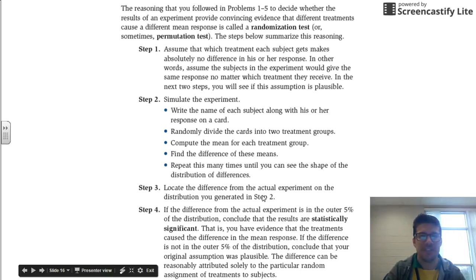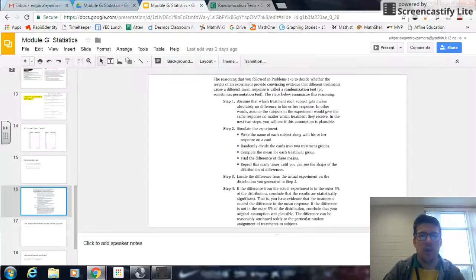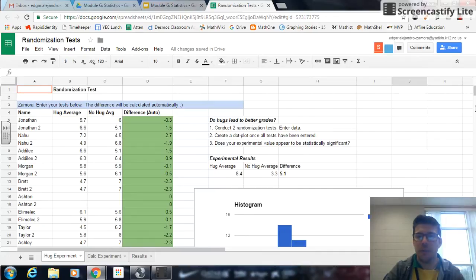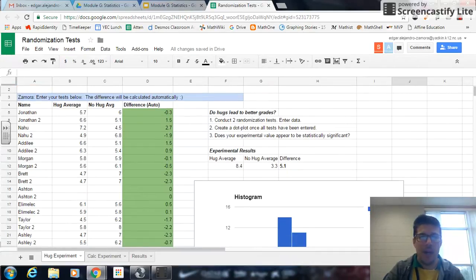this is statistically significant. So here's your work from yesterday, where we had two groups, a control group, people who took a test, and a treatment group of people who got a hug before the test. We saw that it looked like people who got a hug got higher grades, but we had to prove that.